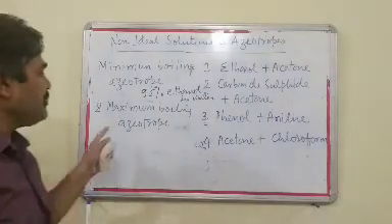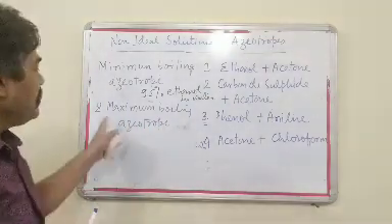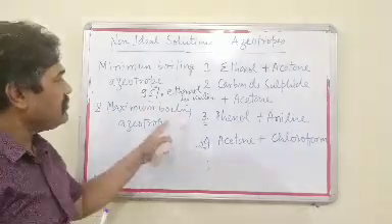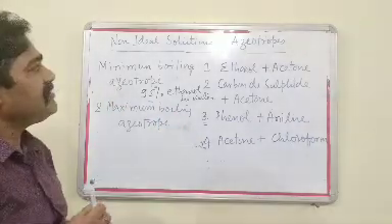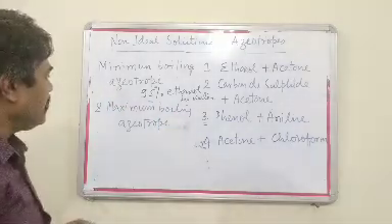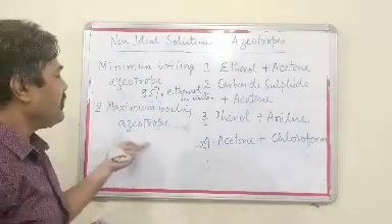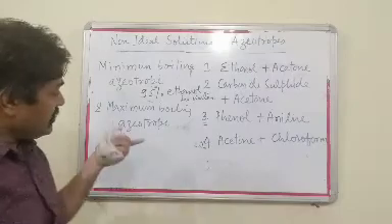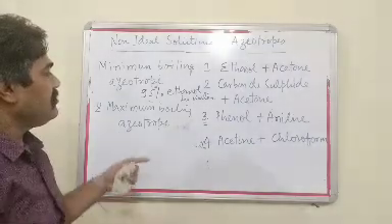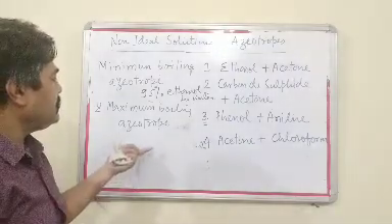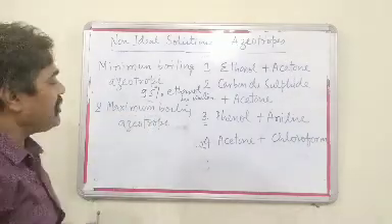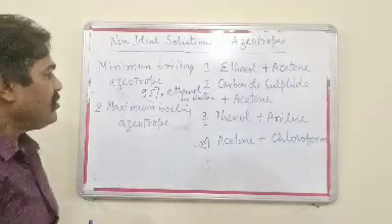The second one is the maximum boiling azeotrope. The solutions which show the negative deviation from the ideal behavior are called maximum boiling azeotrope. If such type of solutions form an azeotrope, then they will be called maximum boiling azeotrope. Why?